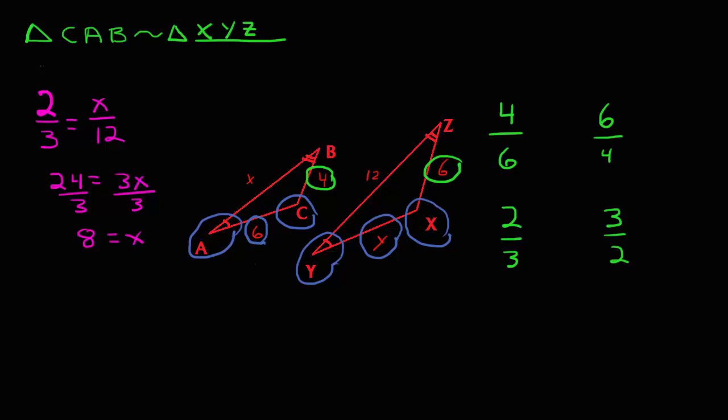Therefore, I can use 2 over 3, small triangle to large triangle, corresponds to small triangle of 6 to large triangle of y. Cross multiply, we get 2y is equal to 18. Divide both sides by 2, and we get y is equal to 9.